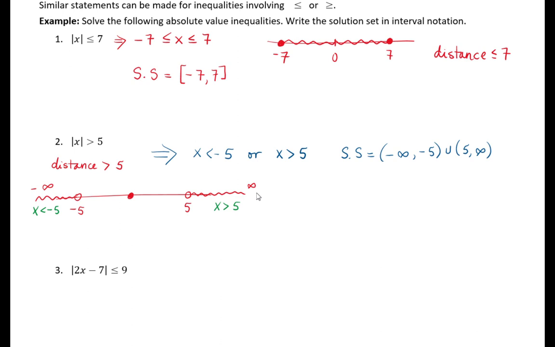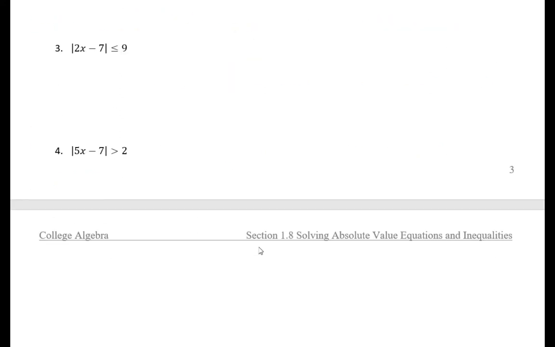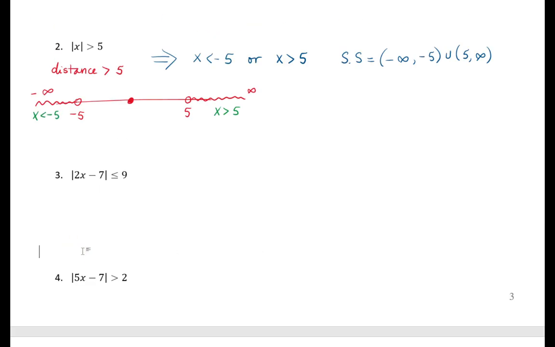Now look at, for example, this problem. Let me just go down, and we have that problem as well. So let's take a look at this problem. Absolute value of 2x minus 7 is less than or equal to 9.